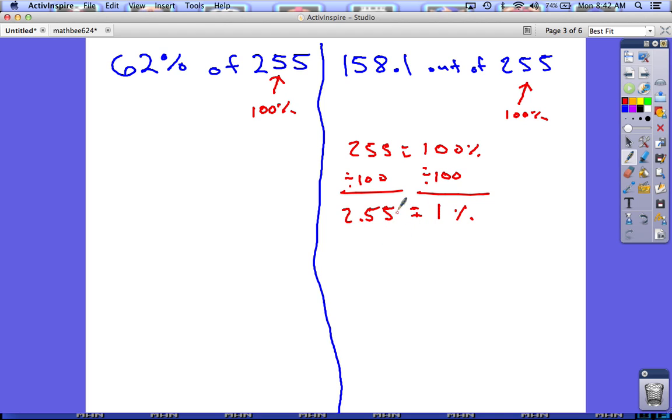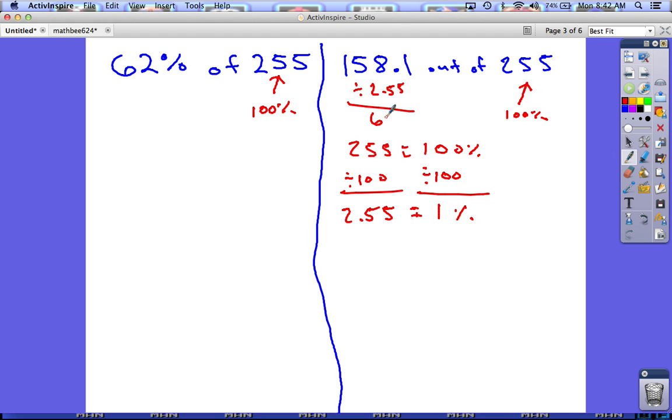So a key is we need to get this to be 158.1. So we could try to figure out, well, how many 2.55s go into 158.1? So I could just do a simple problem here and do 158.1 divided by 2.55. And if I did that, 158.1 divided by 2.55 equals 62.